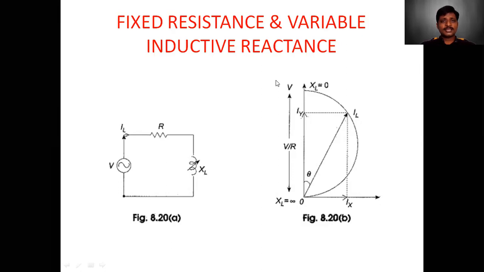As you can see here, when you take voltage on the y-axis and current on the x-axis, since it is an inductive circuit, current is going to be lagging behind voltage.